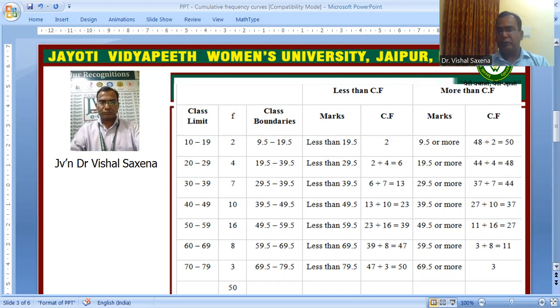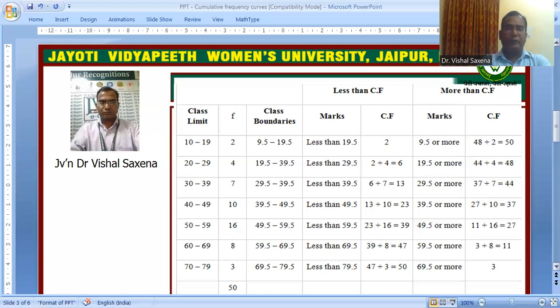So the less than cumulative frequency is calculated for the upper limits like 19.5, 29.5, 39.5, 49.5, 59.5, and so on. The more than cumulative frequencies are calculated for the lower limits of the class boundaries, such as 9.5, 19.5, 29.5, 39.5, and so on.